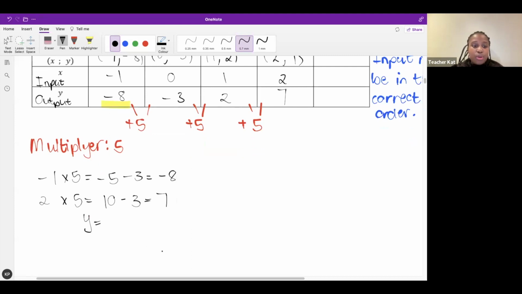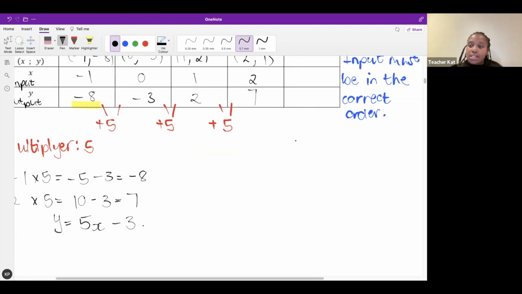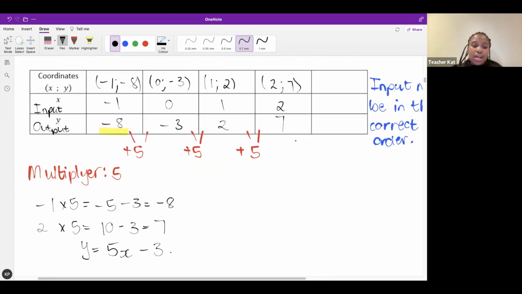Now that we have the correct multiplier, it's going to be 5x, 5 times x minus 3. Okay, so the big takeaway here is that my input must be in the correct order so that we get our correct multiplier.